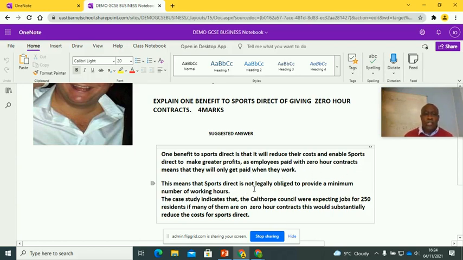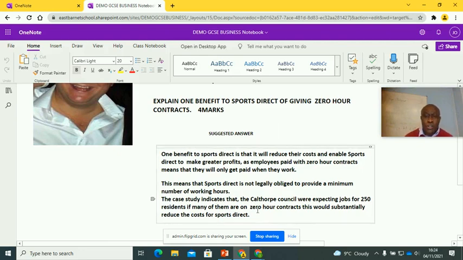This means that Sports Direct is not legally obliged to provide a minimum number of working hours. That is really important knowledge, because that will get you top marks. Not only will they only get paid when they work, but you're saying they're not legally obliged to provide a minimum number of working hours. That will score you good marks if you mention that.